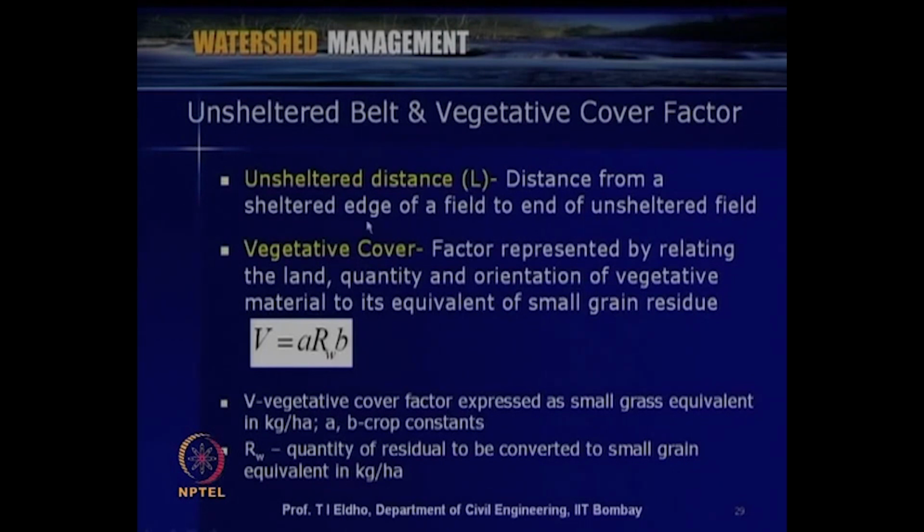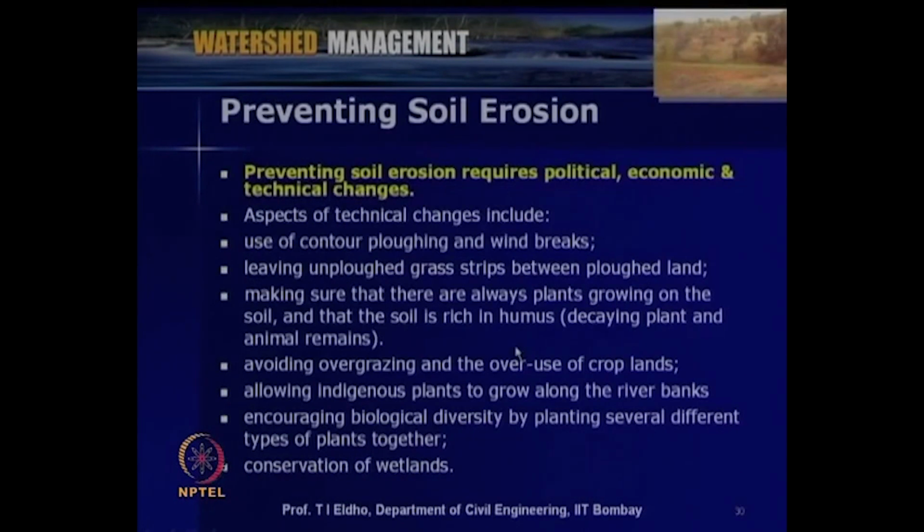Then we can identify the vegetative cover as a factor represented by relating the quantity and orientation of vegetative material to its equivalent of small grain residue, as given by V is equal to A into RW to the power B, where V is the vegetative cover factor expressed as small grain equivalent, A and B are crop constants, and RW is the quantity of residue to be converted to small grain equivalent. So, like this various parameters can be determined, and then we can calculate the wind erosion.